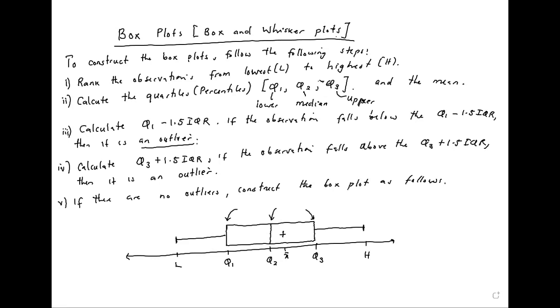Now, how do you obtain the quartiles? Let's talk about how to calculate the quartiles. For the mean, you just add everything and divide by the total number of observations that you have.